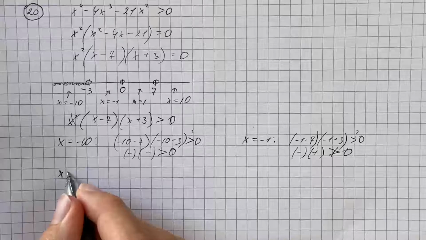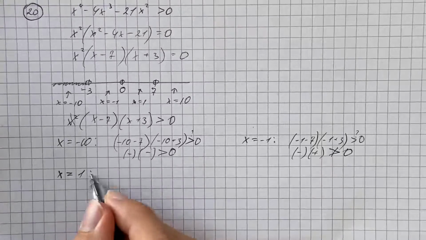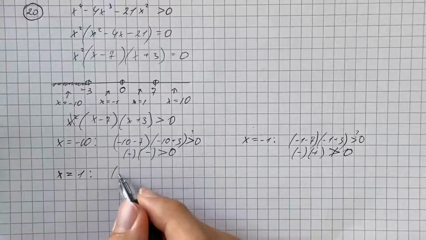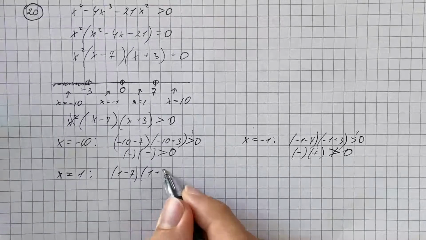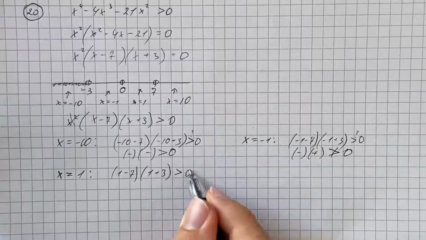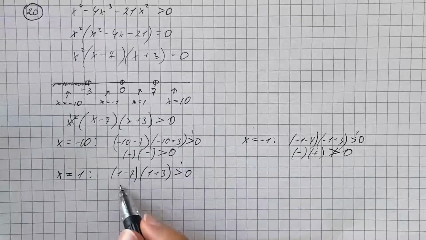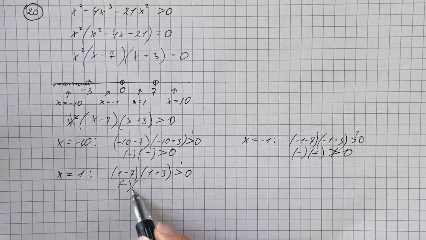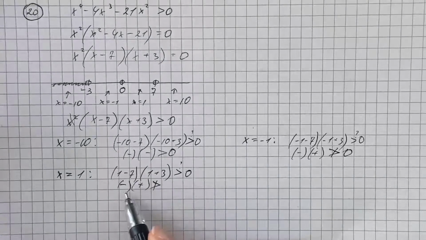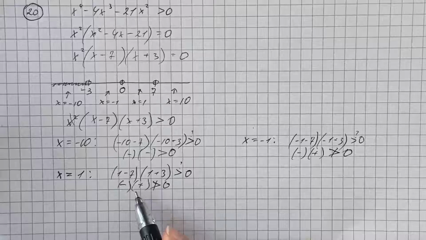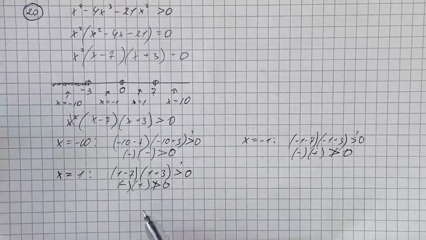Now we substitute the next number, which is x equals 1, and we get (1 minus 7) times (1 plus 3). So that's going to be negative number times positive number, and it's not greater than 0 because it gives us negative number.